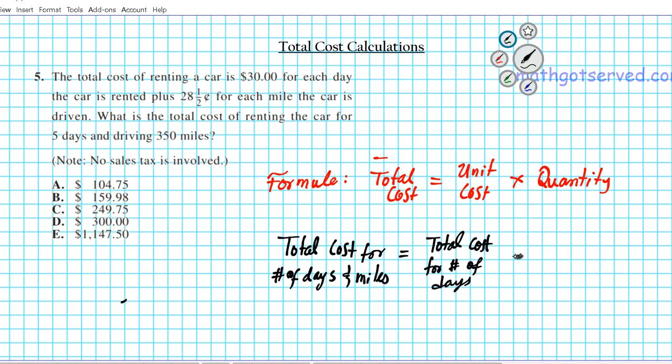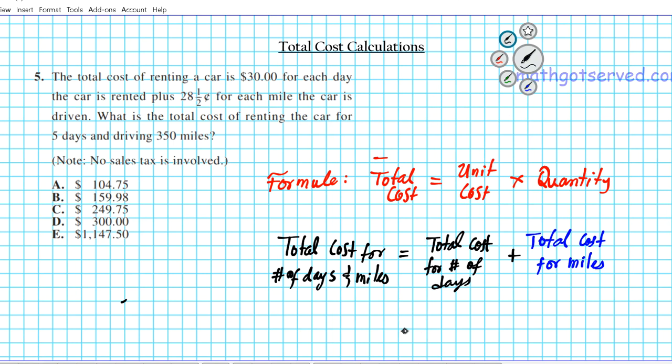Plus the total cost for miles driven. All right, so for this individual total cost, we're going to apply the unit cost times the quantity formula for each one, and then we're going to add the final answer.